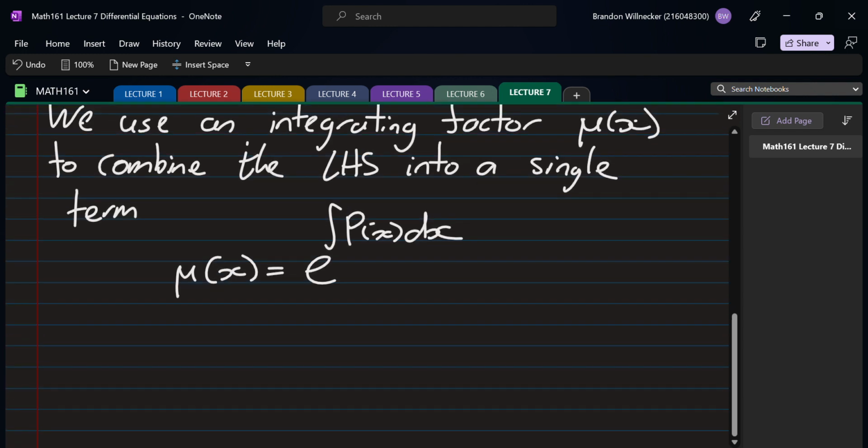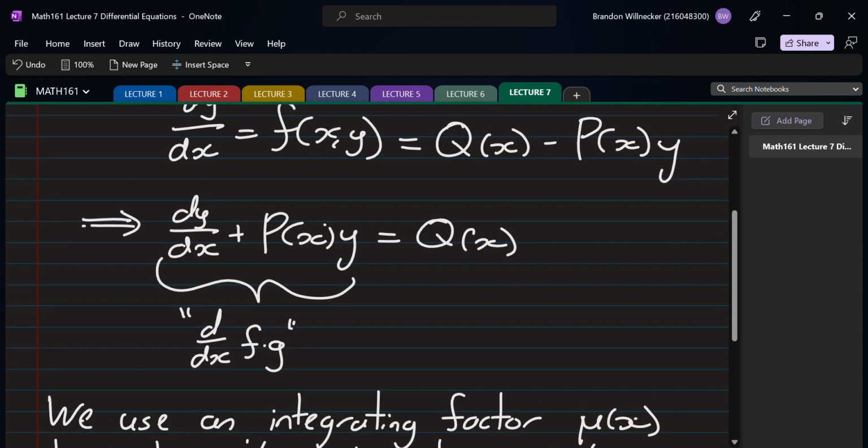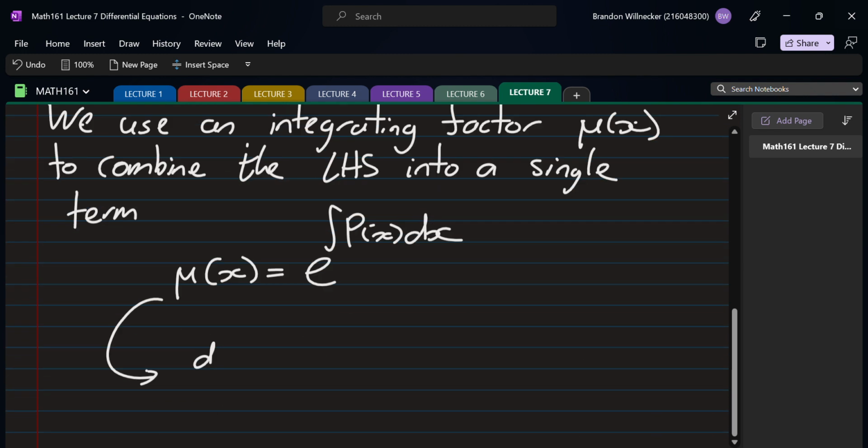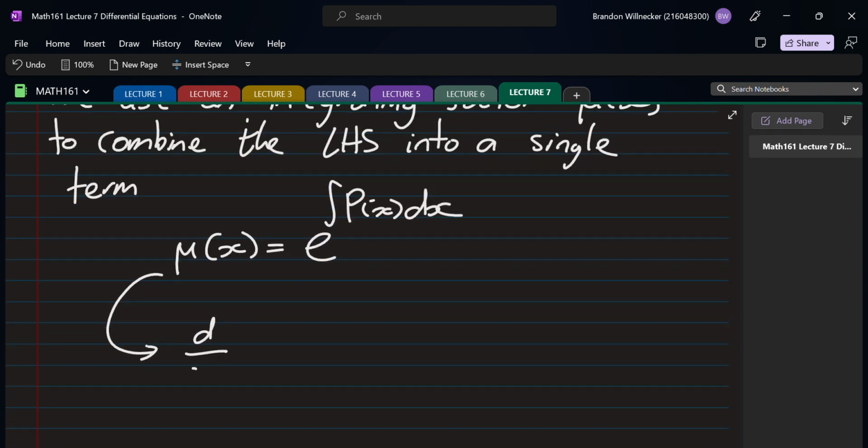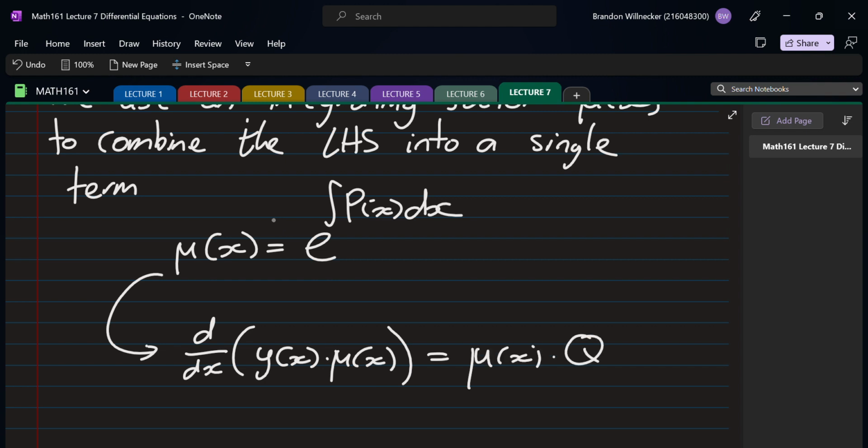Okay, so how do we use this? Well, with this integrating factor, we can rewrite this equation. Okay, so dy/dx + p(x)y = q(x). We can rewrite it as d/dx of y(x) times mu(x) is equal to mu(x) times q(x).